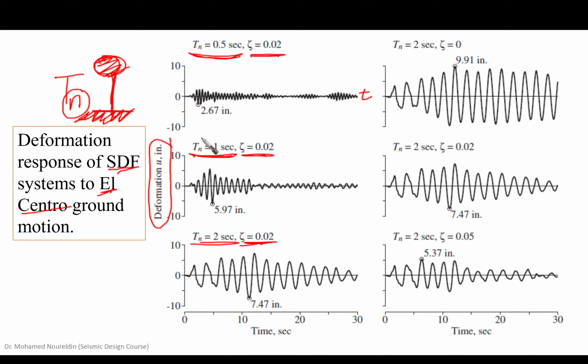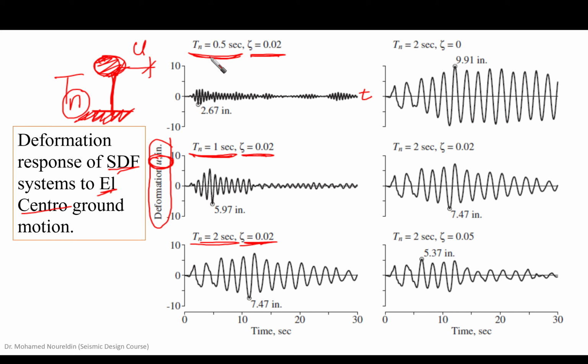Then we're going to draw the response of the displacement u. We're talking about u now, of this single degree of freedom system. This is u at different times, as you can see here.